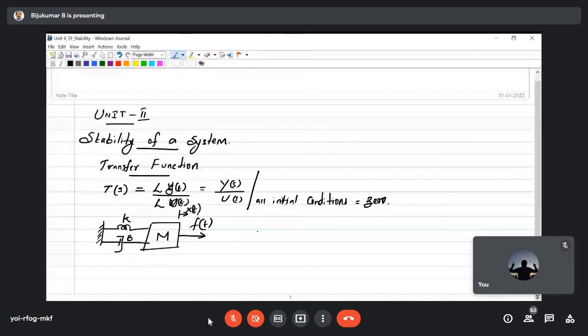So now we will generalize the definition of the transfer function. Suppose I have an nth order system.